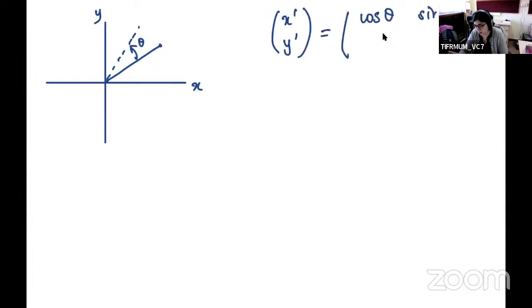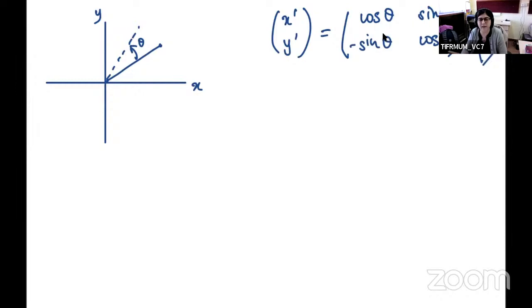So you had this particular vector to start with, and you want to rotate it by theta, right? And we know what this looks like. So x prime, y prime looks simply like cos theta, sin theta, minus sin theta, cos theta acting on x and y, right?